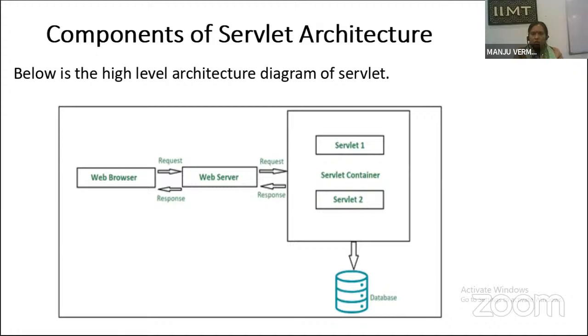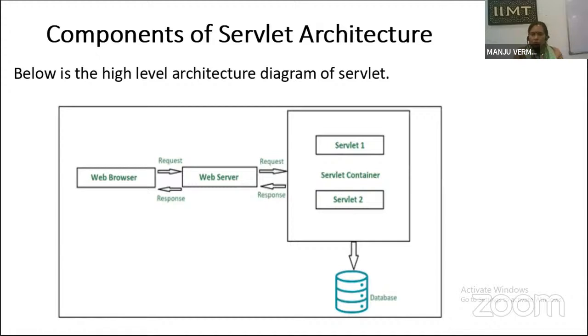Here you can see that there are two servlets. There can be more than two servlets as per your requirement. Any number of servlets can be in the servlet container.